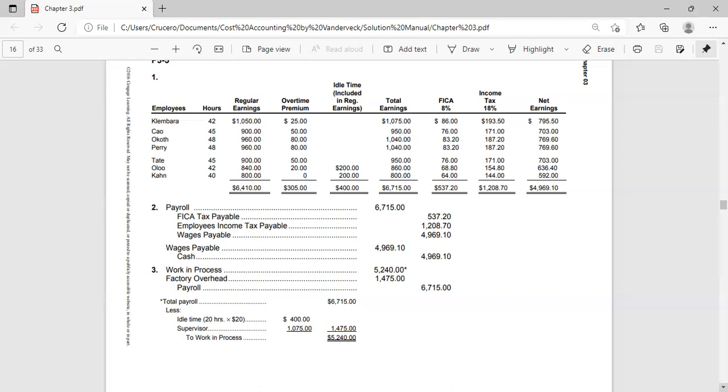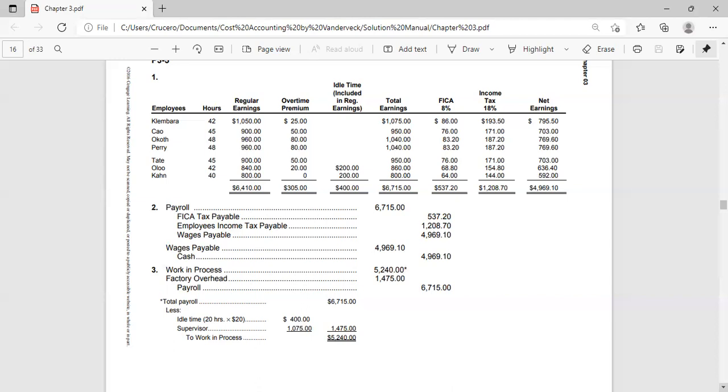We have now the amount of 400 to be deducted and 1,075. So the amount of payroll cost that will be debited to work in process is 5,240, while the other portion should be charged to factory overhead.